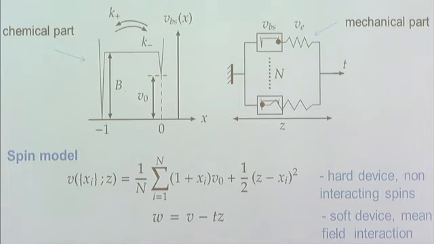We try to keep close to Huxley's language, which is why it's an unusual definition of spins. Now there is also an elastic element here. It's quadratic, and z is our controlling parameter, the total length. Now this is a hard device, and it's clear that this is a sum of non-interacting spins. So it's a kind of paramagnetic system.